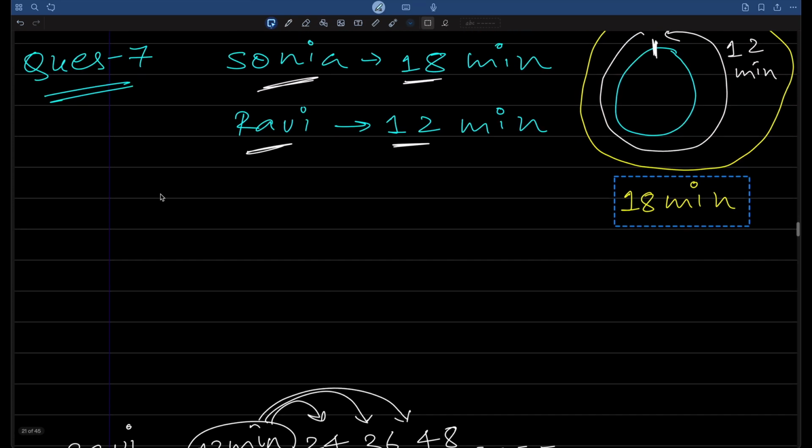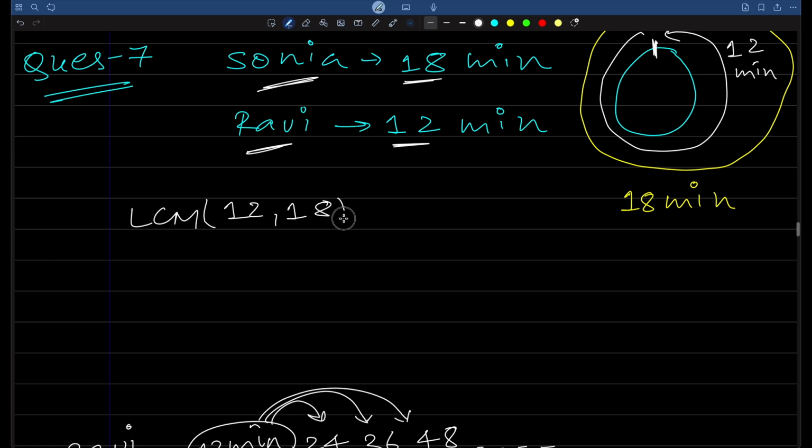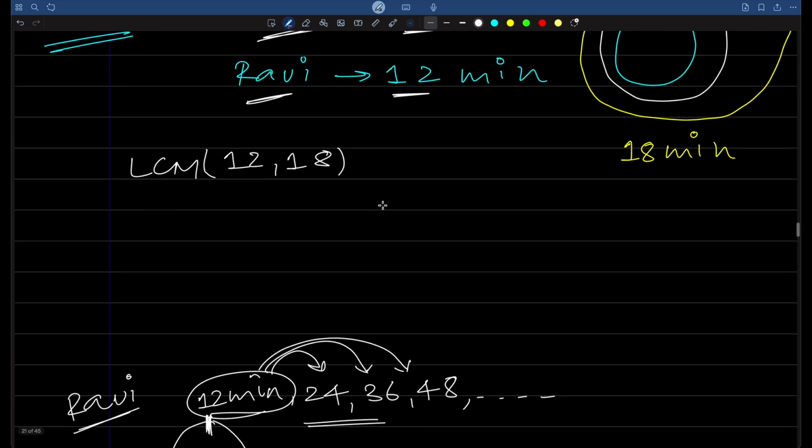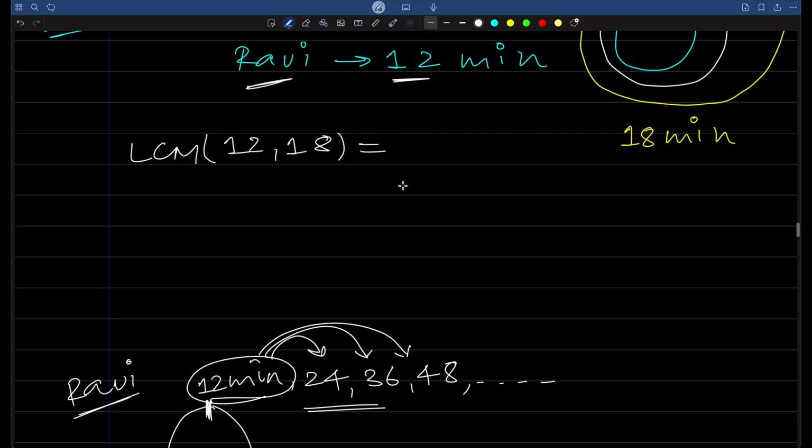So we have to find the LCM of 12 and 18. 12 equals 2 into 2 into 3, and 18 equals 2 into 3 into 3.